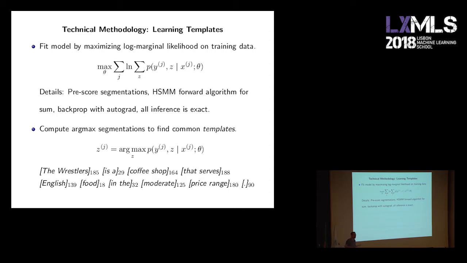We pre-score for all possible segments what the likelihood of being emitted from each state would be. We then run a dynamic programming algorithm to sum out this internal model. And then we backprop through the whole thing using autograd. And in fact, all inference in this model is exact. We can train all of these different copy attention models, as well as our transition model, on the problem itself.